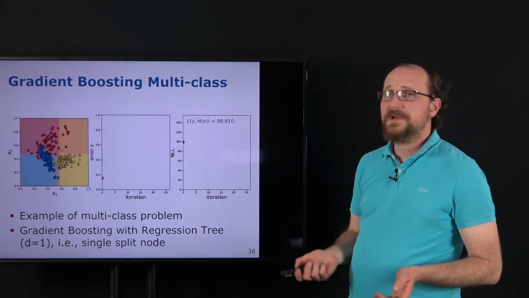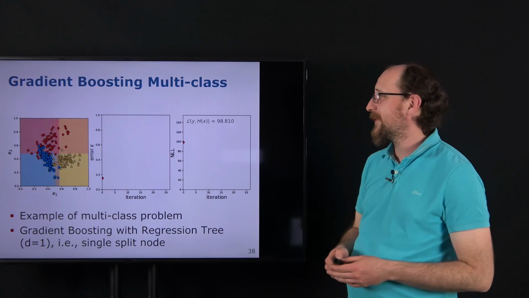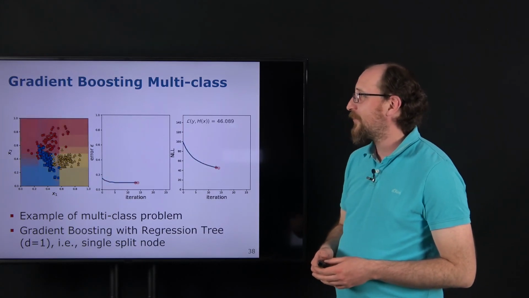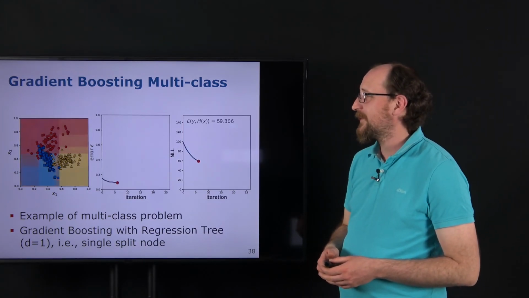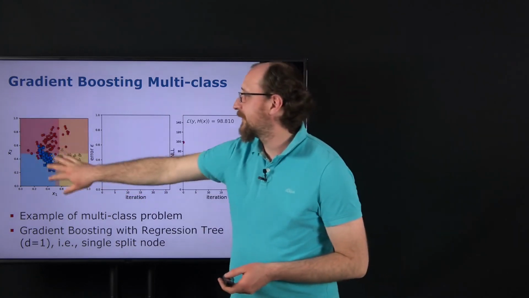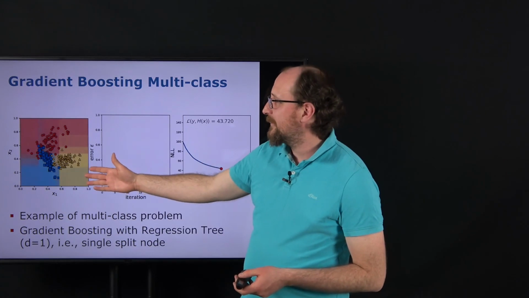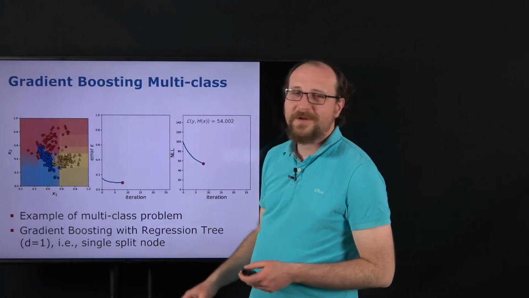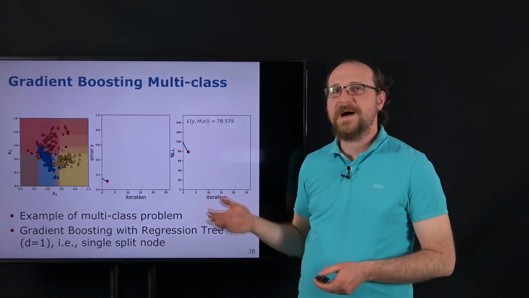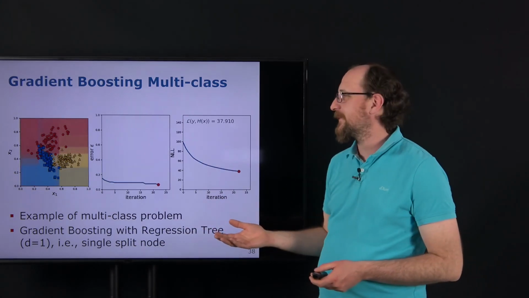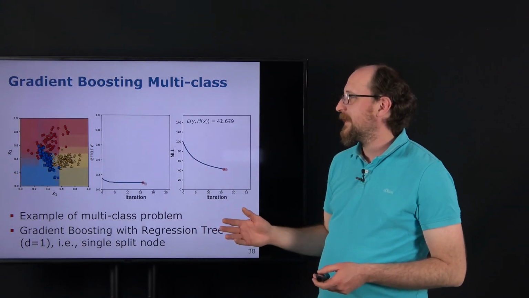And the cool thing is that we can, of course, also do it for multi-class classification results. As you can see here, this is showing the posterior, and the purer the color, the higher the probability that the classifier would output that class.